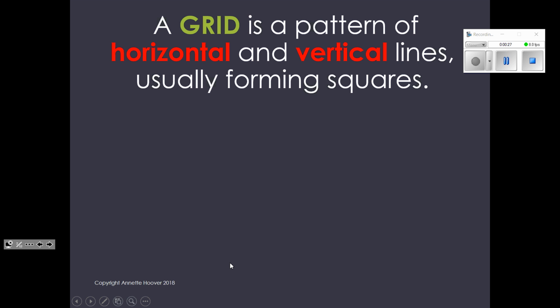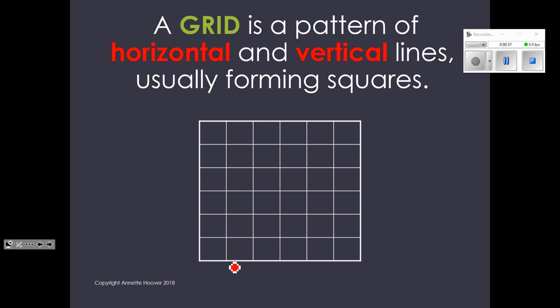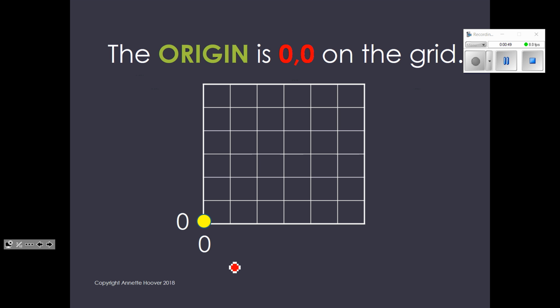So a grid is a pattern of horizontal and vertical lines, usually forming squares. So what does that look like? This is a grid. You have horizontal lines and you have vertical lines, and they form little squares. So when we are graphing on a coordinate grid, we're talking about a bunch of little squares.